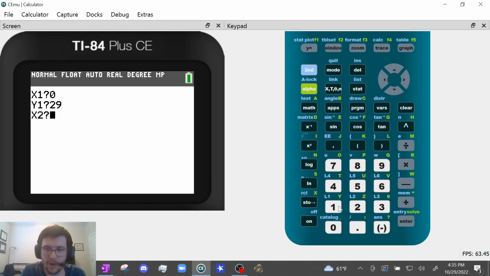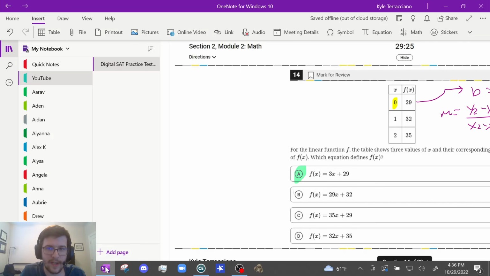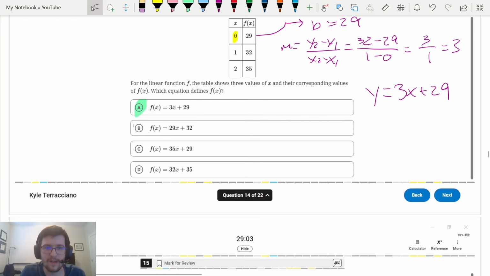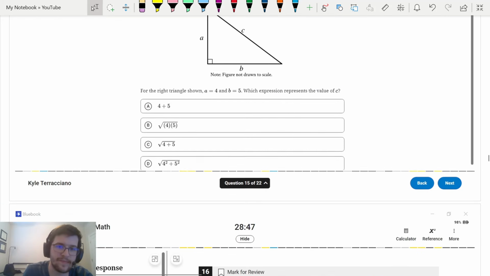And then I'm going to do 1, enter, 32, enter. And it tells me y equals 3x plus 29. Boom. Okay, done. That's what I would have done on the actual test day. Anyway, all right, so 14 is A. Good.